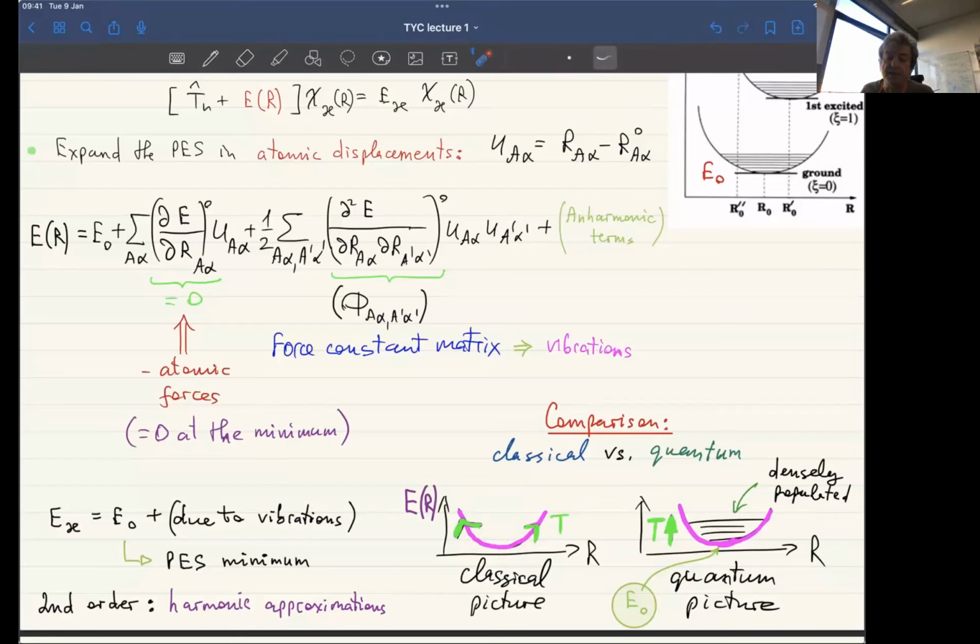In the quantum mechanical case, this is not the case. We don't have atoms treated classically, so they do not move attached with a spring to each other. Instead, we consider the energy in the minimum of these potential energy surfaces and vibrational quanta, as I mentioned before. So these are two different pictures.